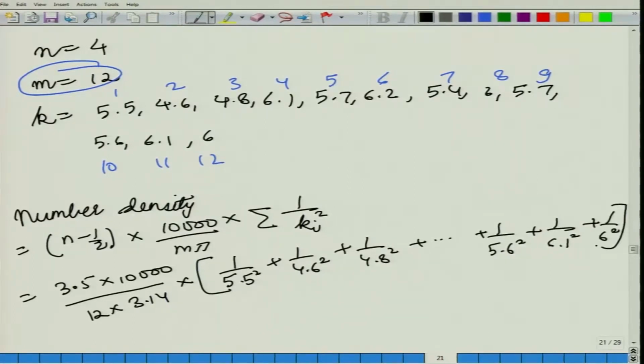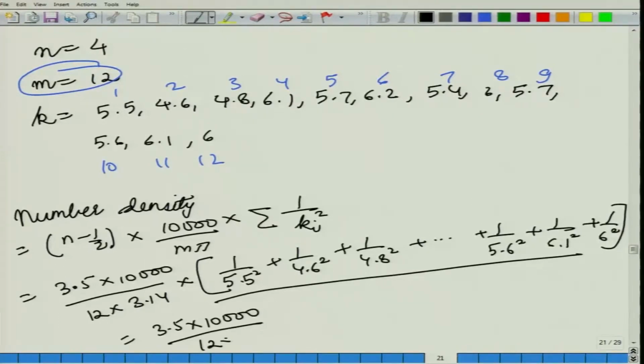Now, in all probability your calculators will not be able to calculate this whole value. So, what you will be doing is taking the values one by one. So, we will have 3.5 into 10,000 upon 12 into 3.14 and then you calculate these values, 1 over 5.5 square, one by one, then you take this sum.